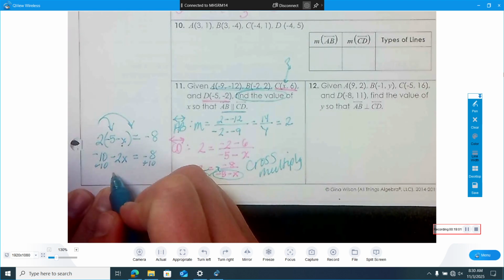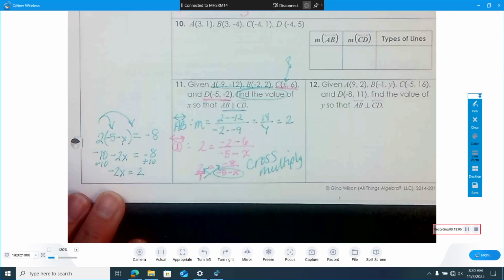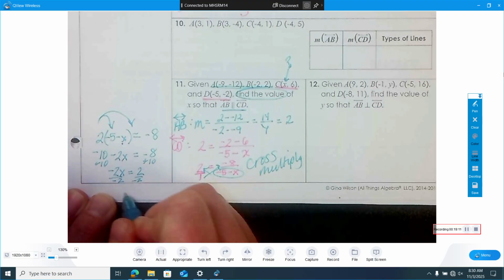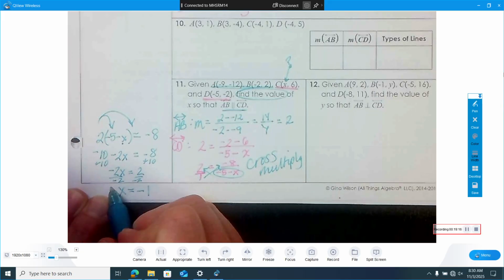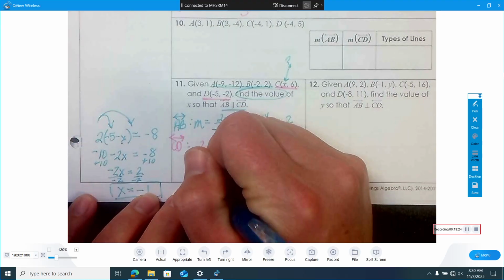So I get negative 2x equals 2. And then divide by negative 2. And x equals negative 1. Very good. So that was the value of x that gives us an ordered pair that makes it parallel.